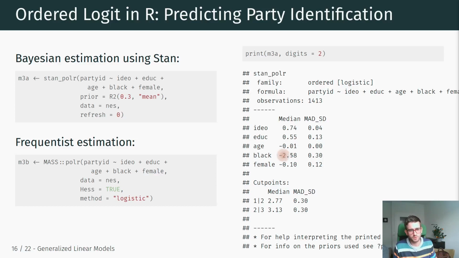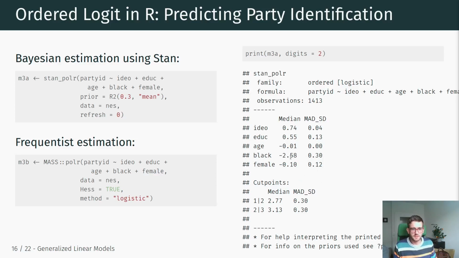Okay. Similar for negative coefficients, we know that there's a higher probability. For example, this is a dichotomous indicator for African American respondents, and we see that they have a higher probability to be independent or Democrats rather than Republicans, for example. Okay.